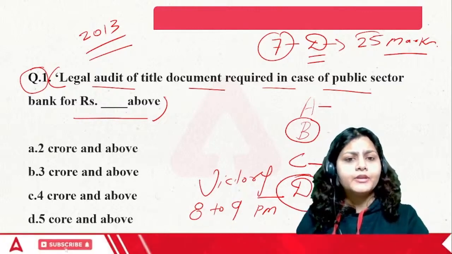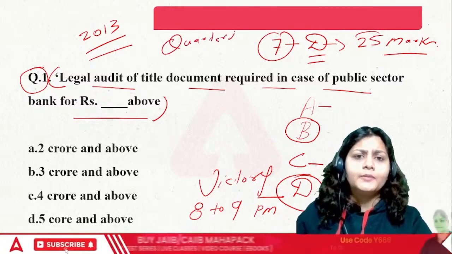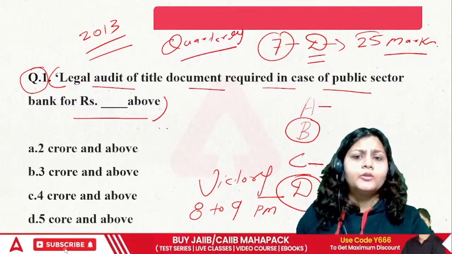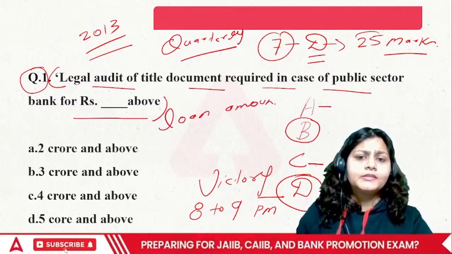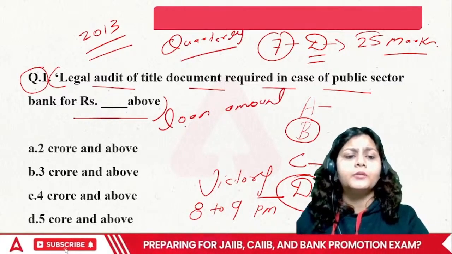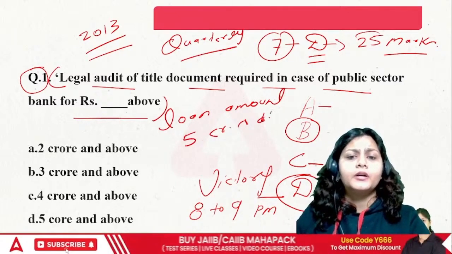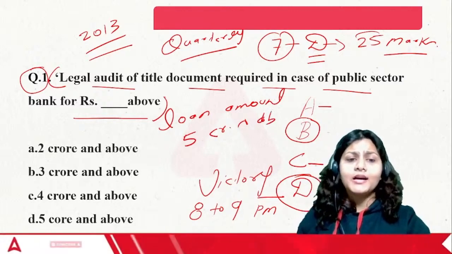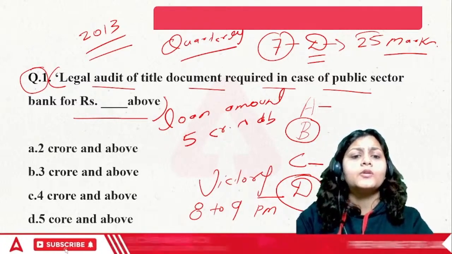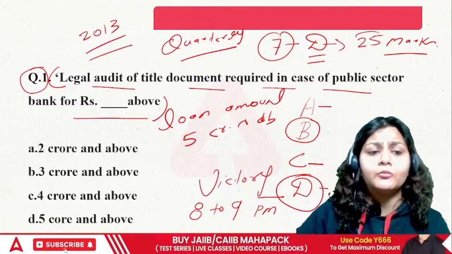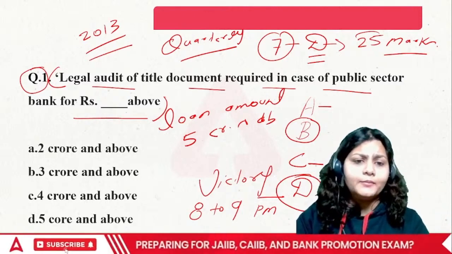So every quarter, if the loan amount is 5 crore and above, this is a very important question, RBI has asked all banks to do the legal audit, and it will be conducted on a quarterly basis.